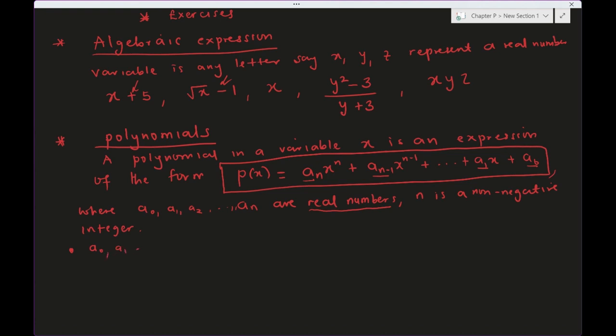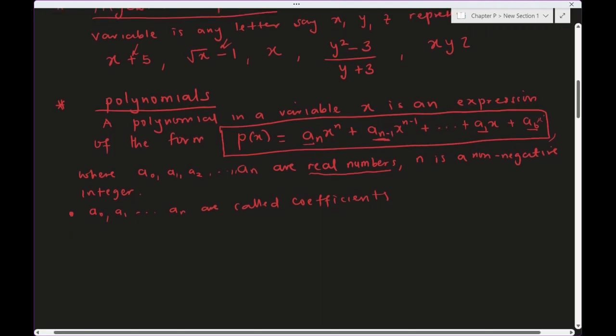We say the a_0, a_1 up to a_n are called coefficients. So for example here, you see a_(n-1) is the coefficient of x^(n-1). And a_0 is the coefficient of x to power 0.